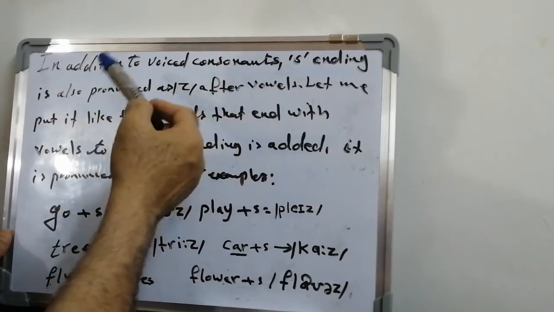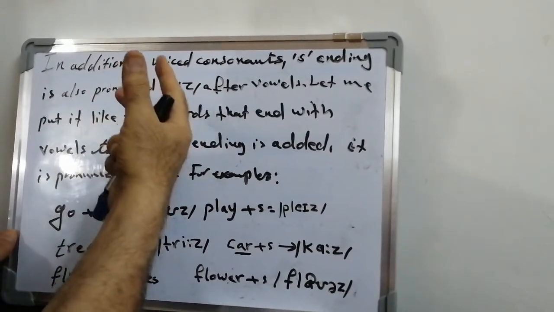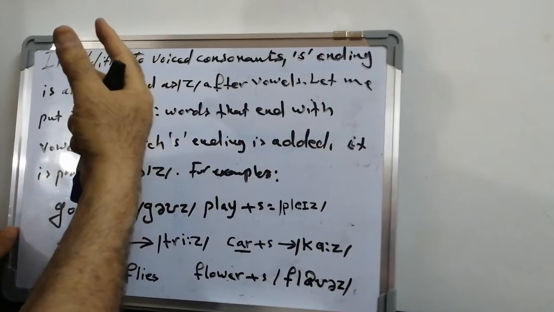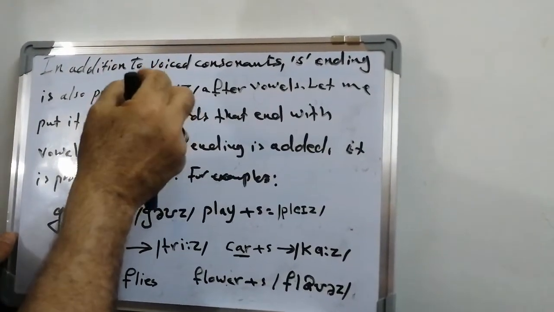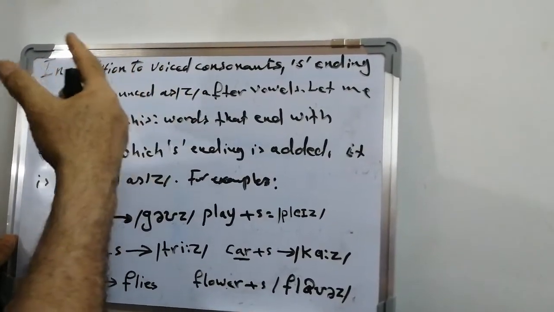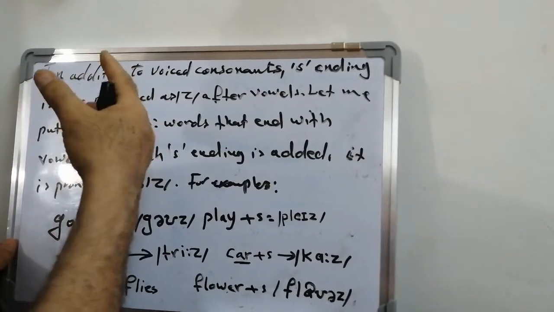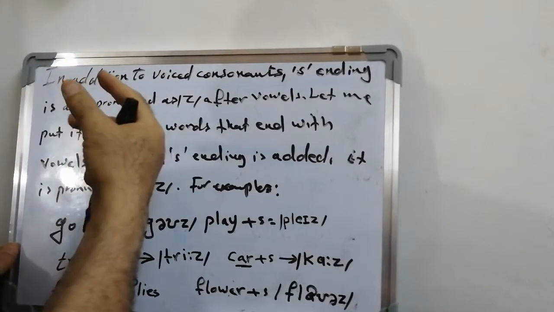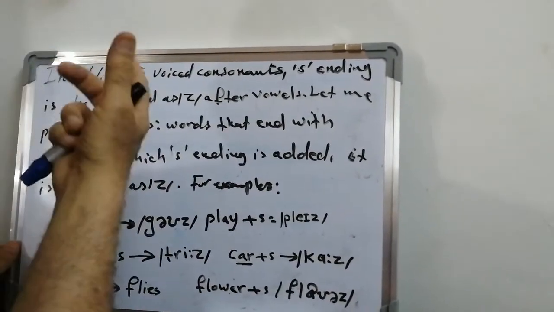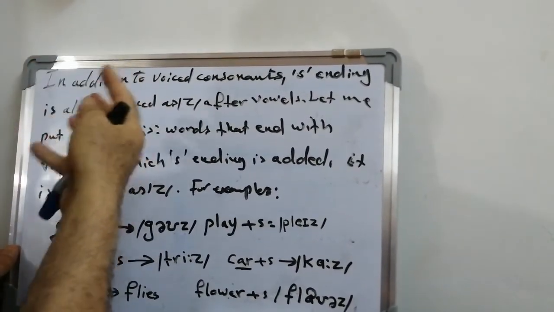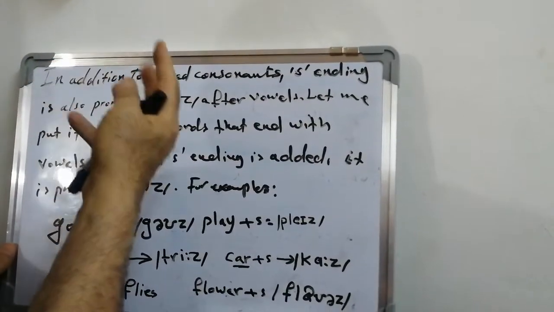So last time we said that the s ending is pronounced as /z/ when the last consonant sound is a voiced sound. We gave examples, for example, "curl", "curls", "dog", "dogs".